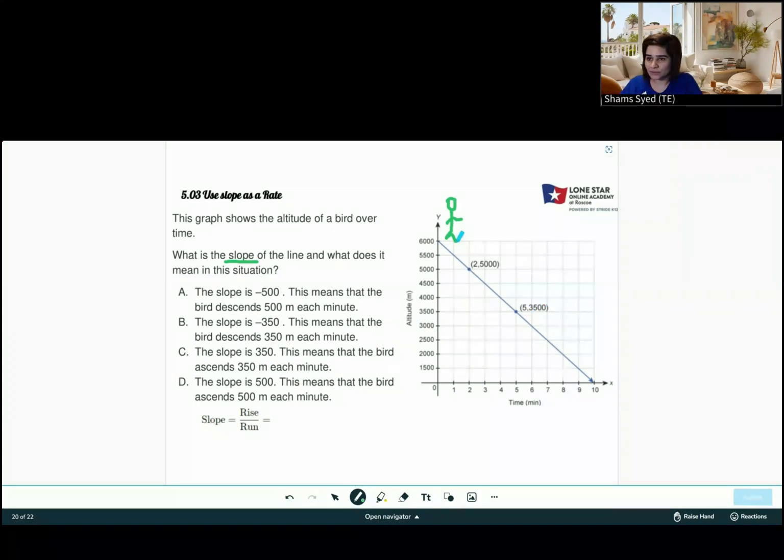Notice the stick figure is going down. This time it is not rising. The stick figure is falling. Let's see how much is the fall. This is 1, 2, 3. This is the fall. Can you guys tell me how much is the fall?